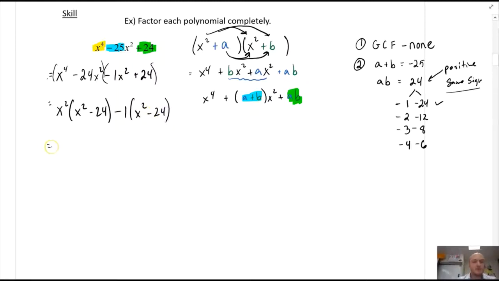And I can go ahead and use reverse distribution. So I have x squared minus 1, x squared minus 24. Okay, and I have factored my trinomial. Now, third step. Do we have difference of 2 squares?